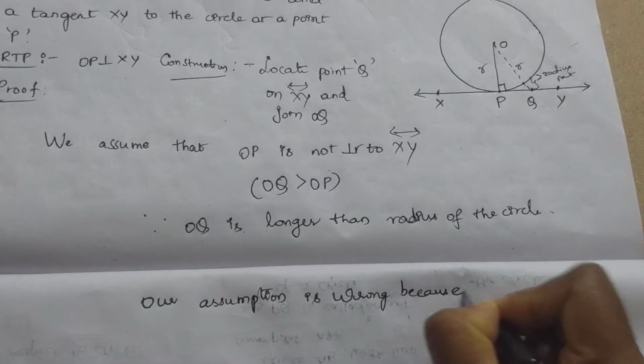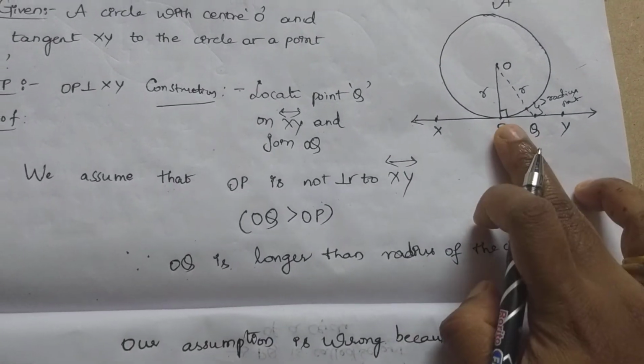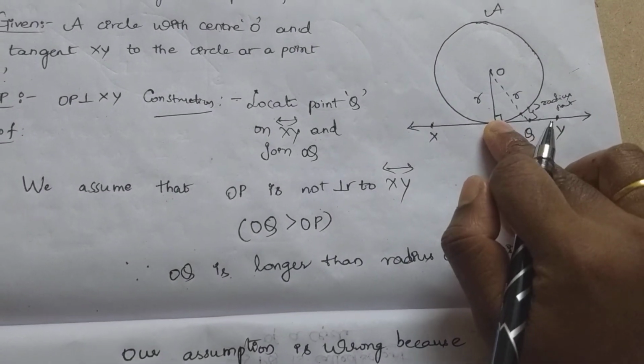Because when you see the figure here, OP is the shortest distance.